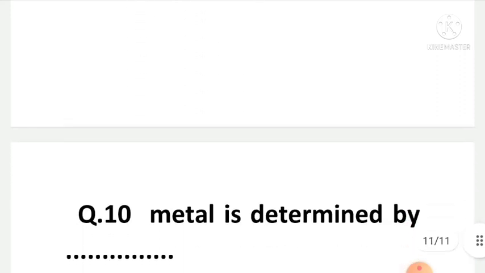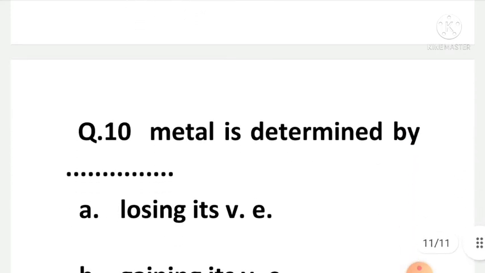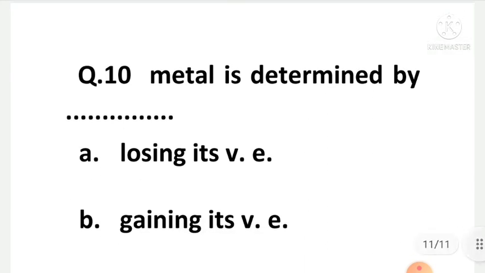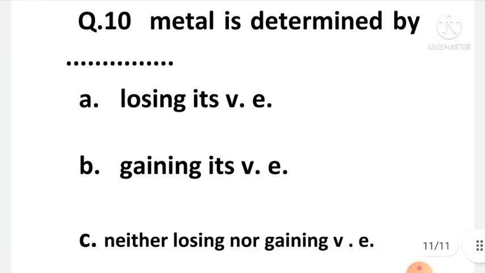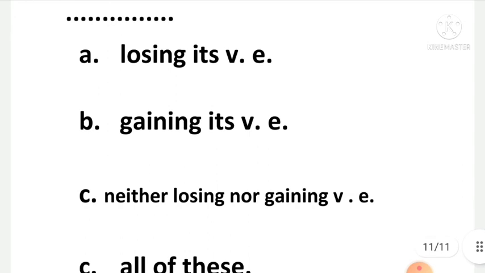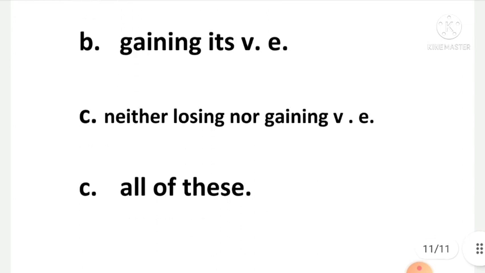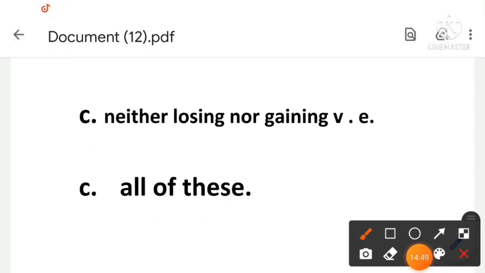Now see the last question, number 10. Metal is determined by A, losing its valence electron. B, gaining its valence electron. C, neither losing nor gaining valence electron. And D, all of these.